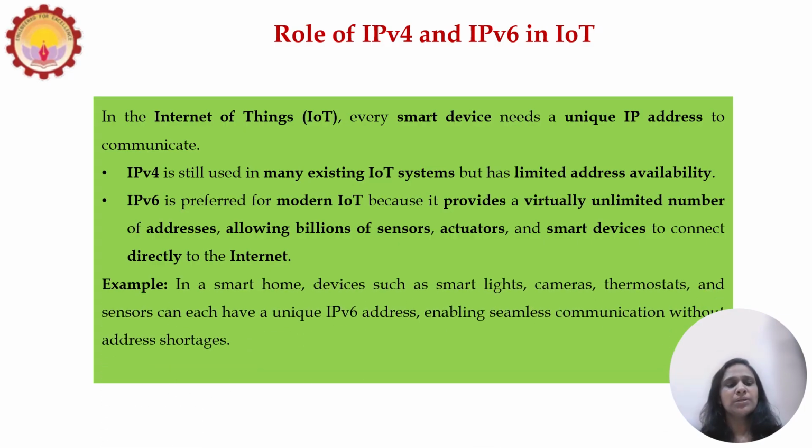One example is a smart home, where devices such as smart lights, cameras, thermostats and sensors can each have a unique IP address, enabling seamless communication without address shortage.